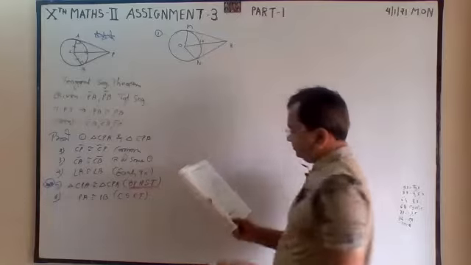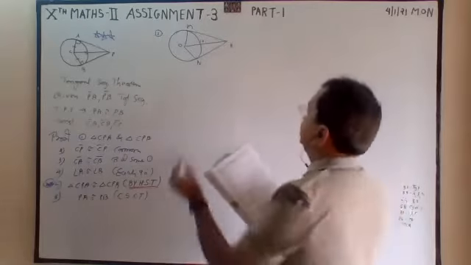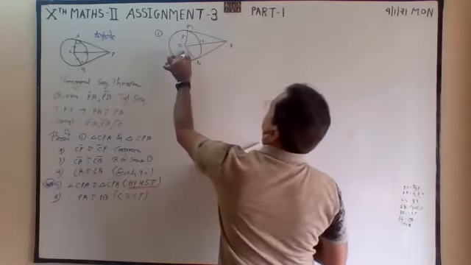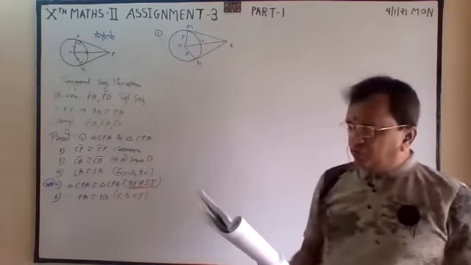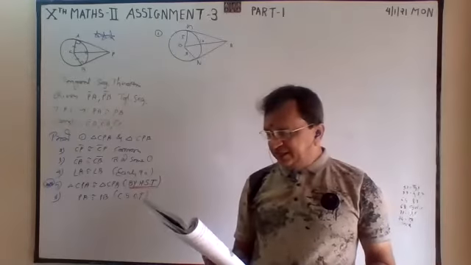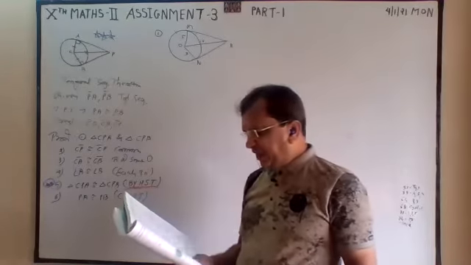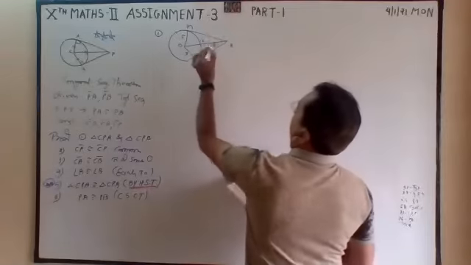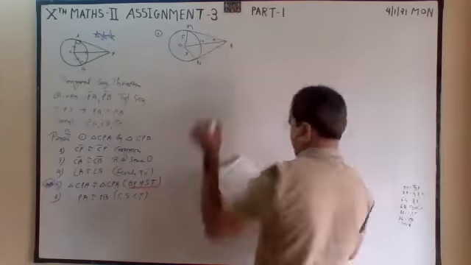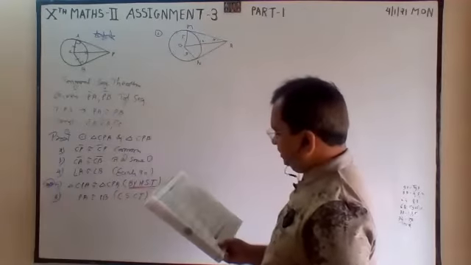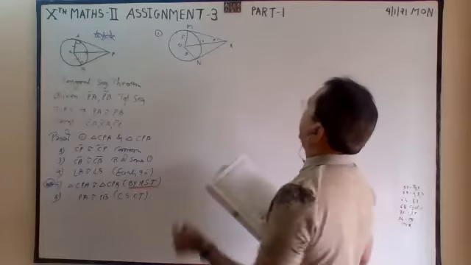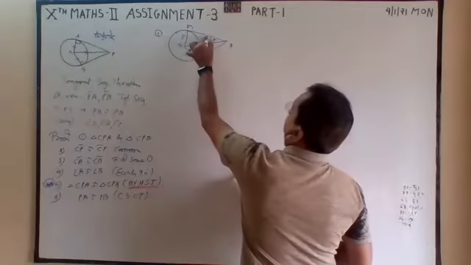It is given. Circle radii given 5, 5. What is the length of each tangent segment? That we will find. What is the measurement of MRO? MRO, this is X degree. That we have to find. What is the measurement of MRN? MRN, full.